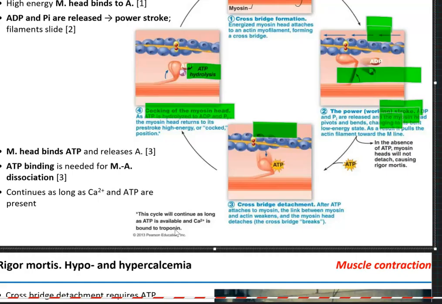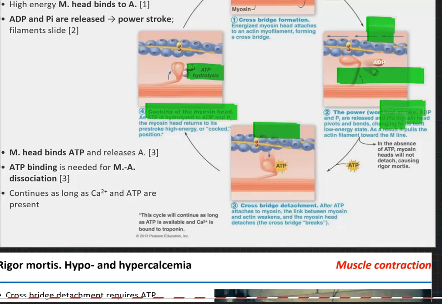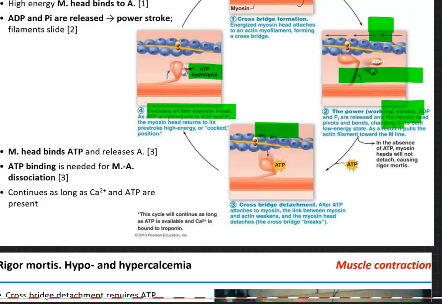How long can muscle contraction occur? Your muscle contraction will occur as long as calcium and ATP are available.